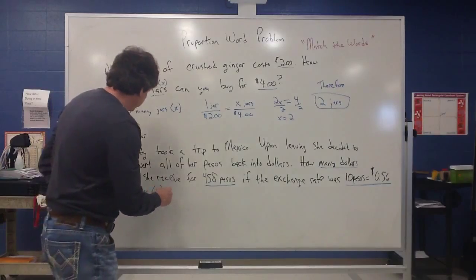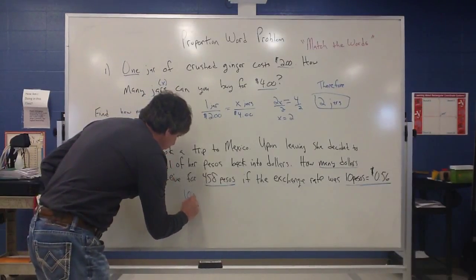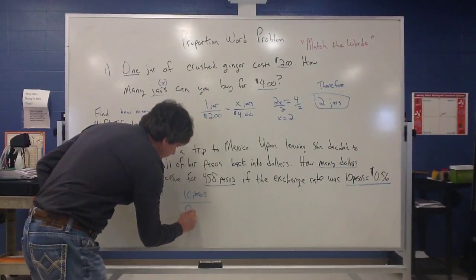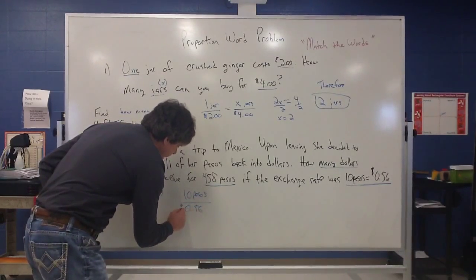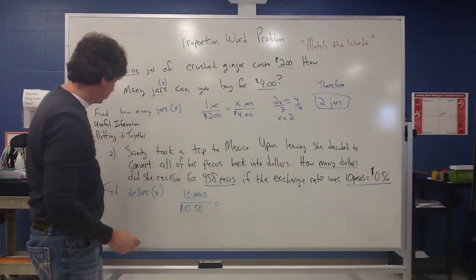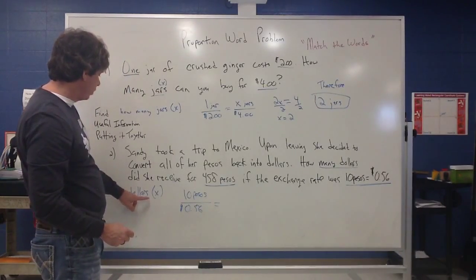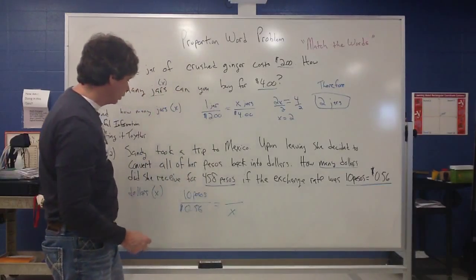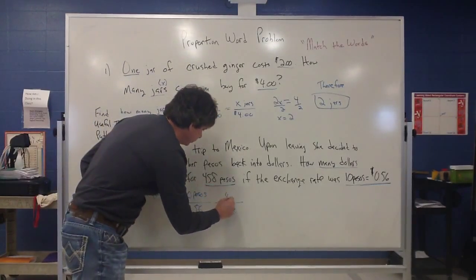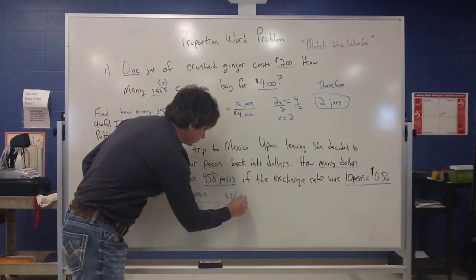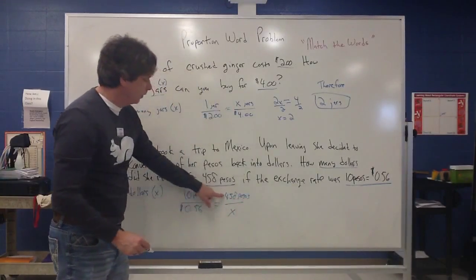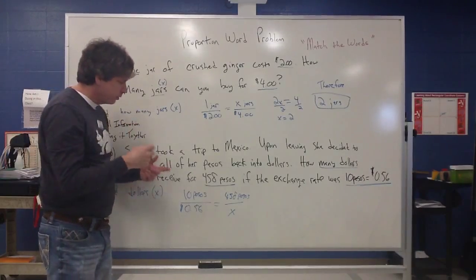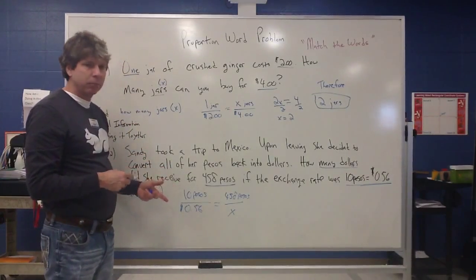So what I'm seeing then is that 10 pesos goes with 56 cents. And we don't know how many dollars, that's going to be on the bottom this time. It's going to go with 458 pesos. So 458 pesos is going to give me how many dollars? That's going to be our question. So that does fit into our proportion language.